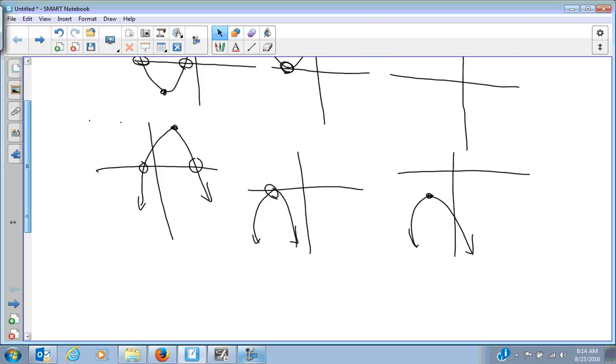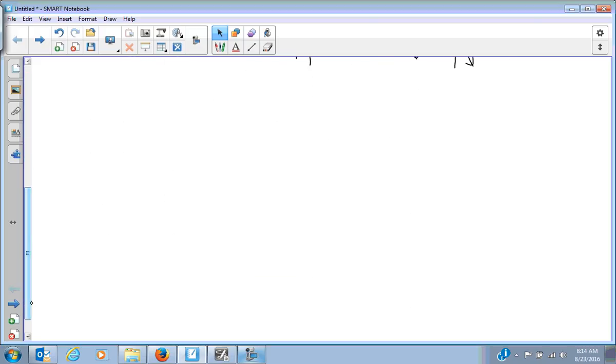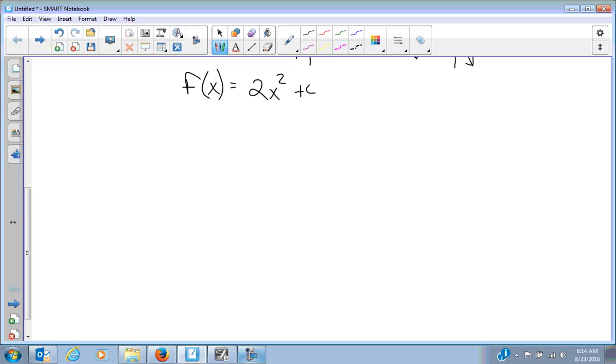So let's actually do a problem, because I feel like this whole book has been, we haven't been doing something with quadratics yet, and I want to do something. So let's do a problem. I give you f of x equals 2x squared plus 4x minus 6.